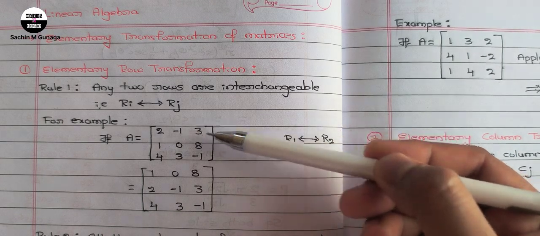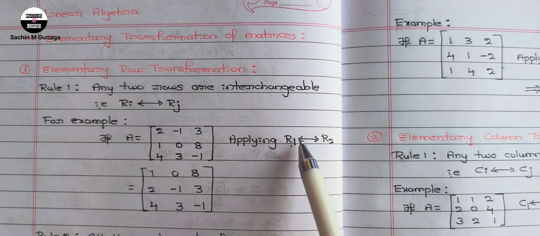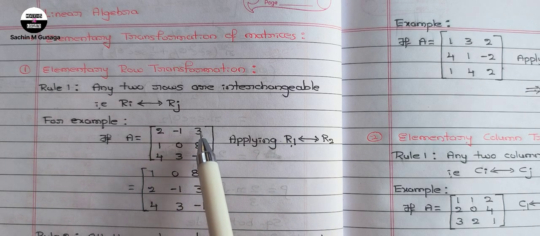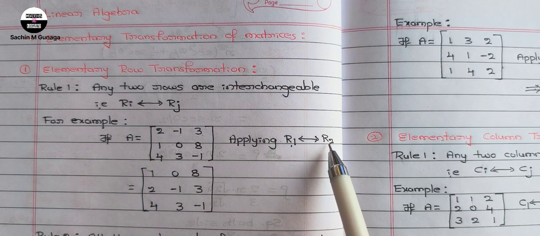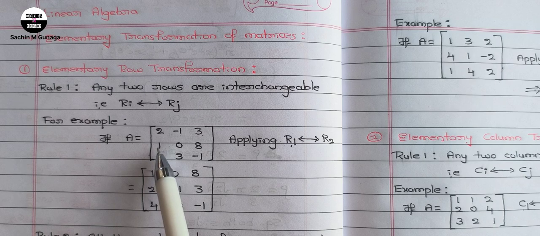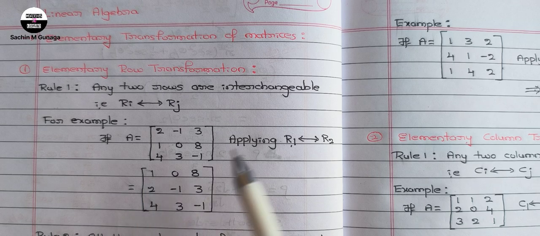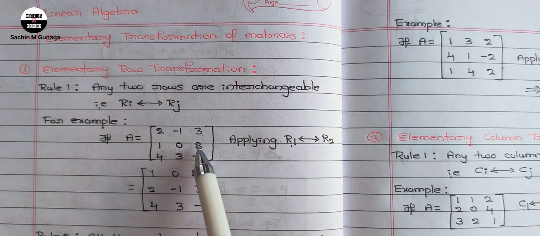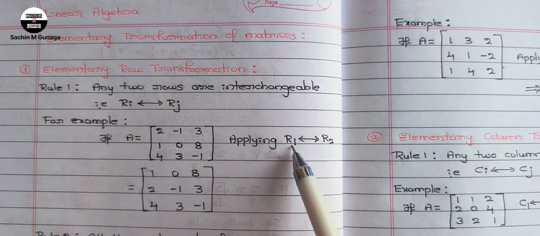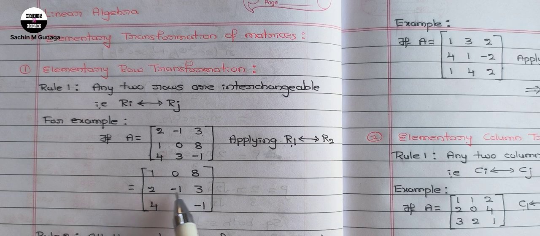Next, in place of R1 we write the R2 elements. What are the R2 elements? 1, 0, 8. We write 1, 0, 8 in place of R1. Similarly, in place of R2 we write the R1 elements, that is 2, minus 1, 3.